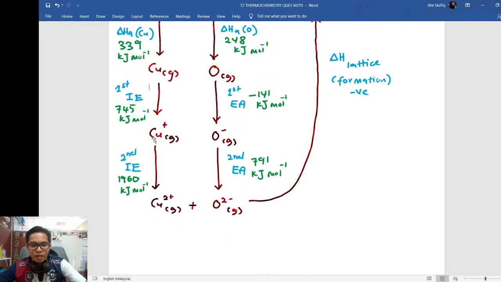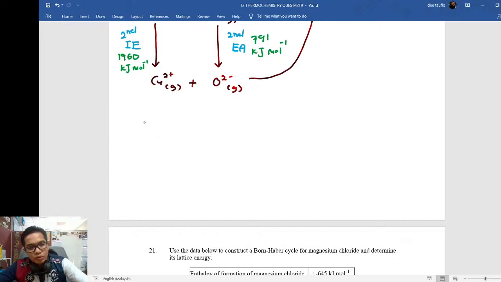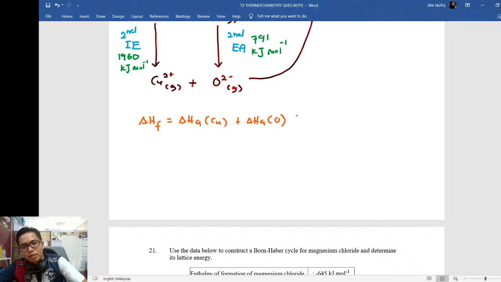Saya nak scroll down, saya tak nampak atas tu dah. So, delta HF equal to delta HA for Cu, delta HA for oxygen plus first IE plus second IE plus first electron affinity plus second electron affinity plus delta H lattice.